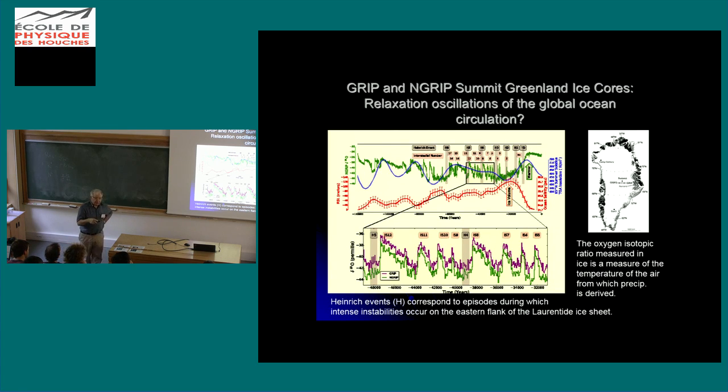So on this time scale, you understand that this 10 to 15 degrees centigrade variation is basically a temperature variation of the entire North Atlantic sector of the climate system. So this is an extremely important observation which can now be used to test modern climate models.